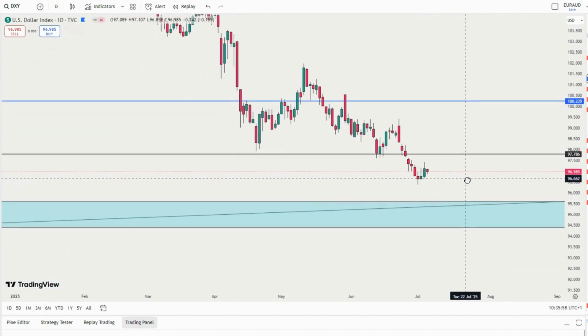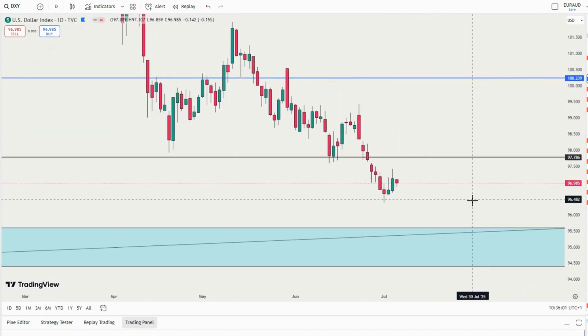On Thursday, they released the NFP, which came out better than expectation, and then we saw dollar strength on Thursday. On Friday too, we saw the continuation of dollar strength, which means that it might have a significant effect next week.